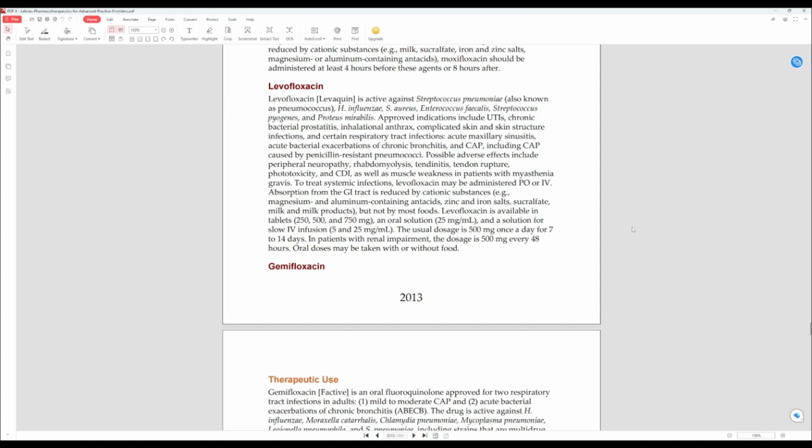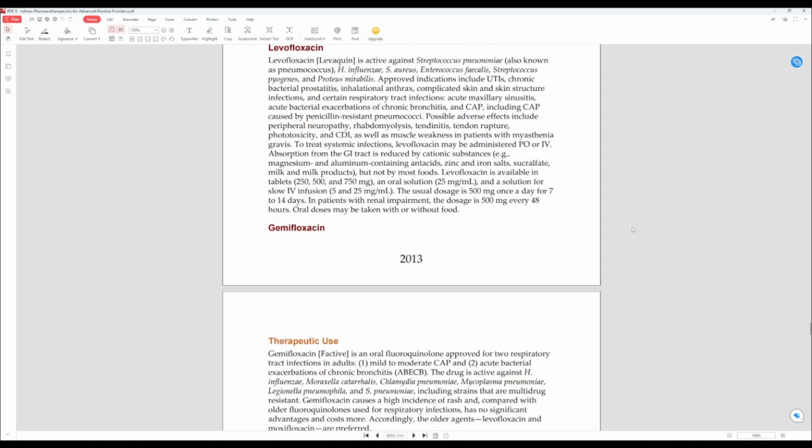Which now brings us to levofloxacin, or Levaquin, which is active against Streptococcus pneumoniae, H. influenza, S. aureus, Enterococcus faecalis, Streptococcus pyogenes, and Proteus mirabilis.